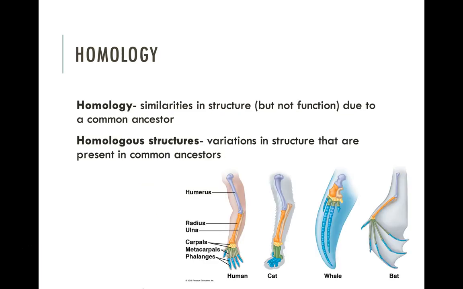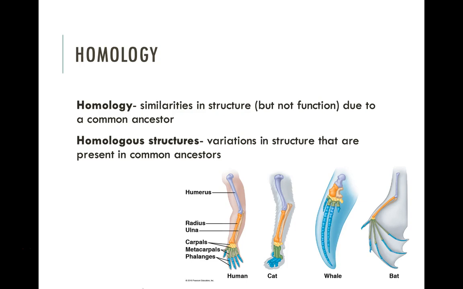So homology is this idea of having a similar structure due to a common ancestor. So basically, a structure has acquired a new function over time. So homology leads to homologous structures. So homology is the process, the homologous structure is what you're actually considering.